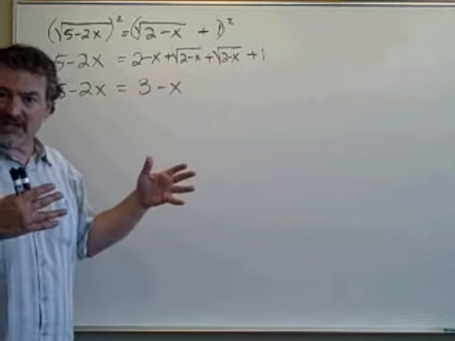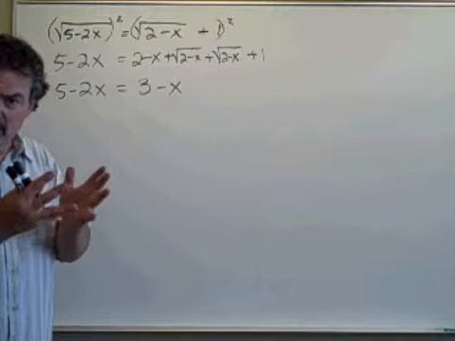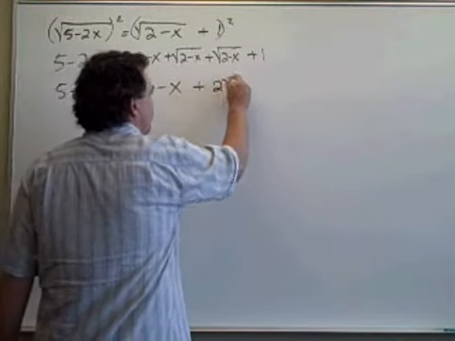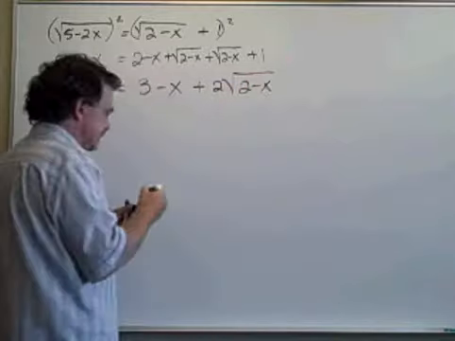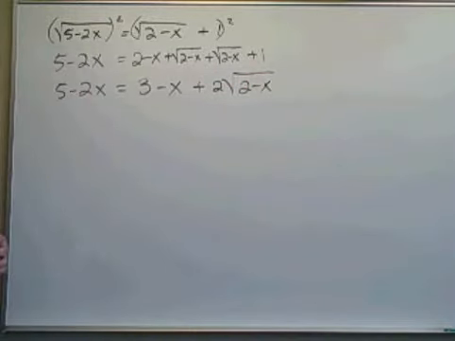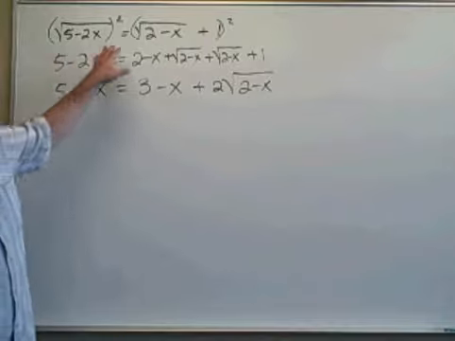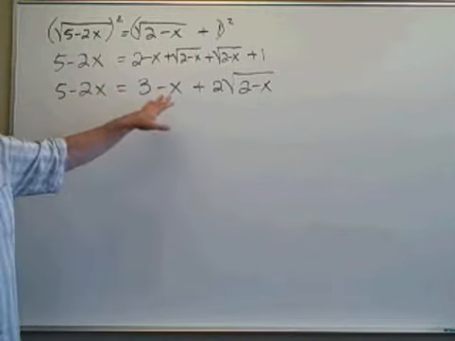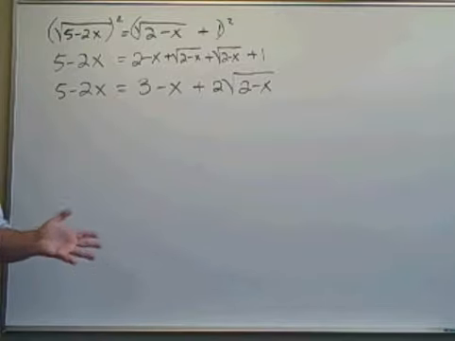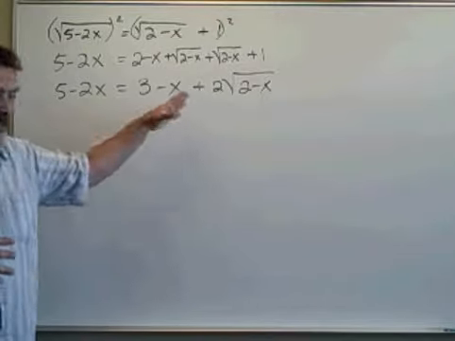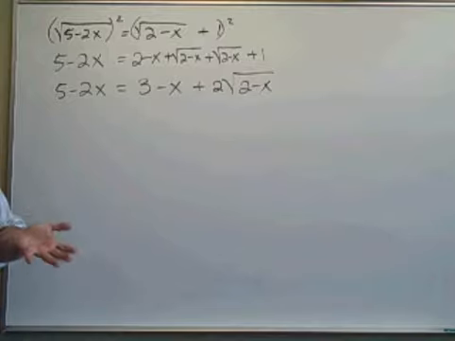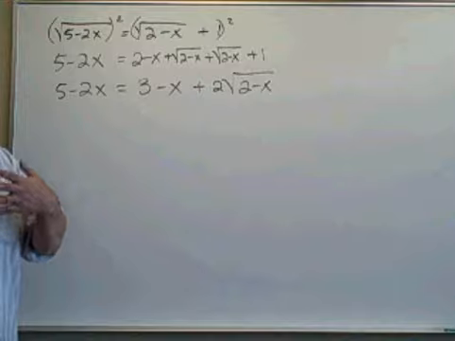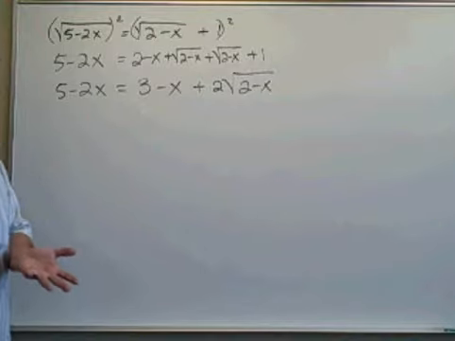Wouldn't that be the same as saying you have 2 times the square root of 2 minus x? So our first step has at least removed one of the 2 radical expressions. So now we have a radical equation that only has one radical expression. So we should isolate that radical expression and go through the raising to the appropriate power again.